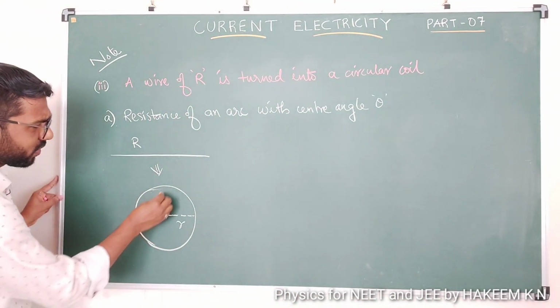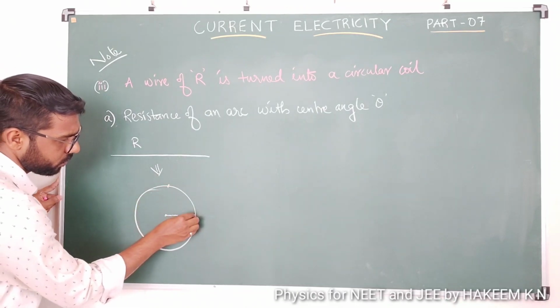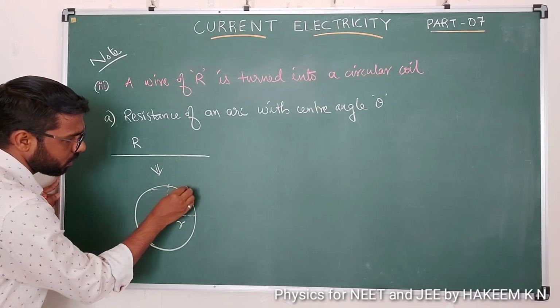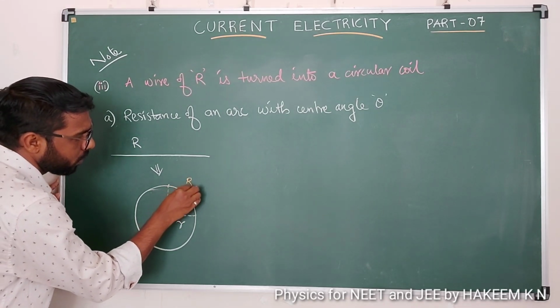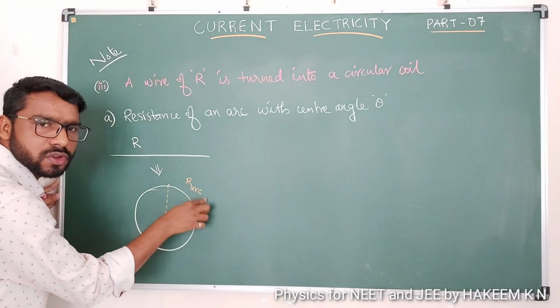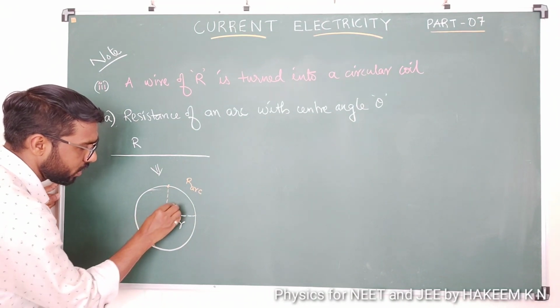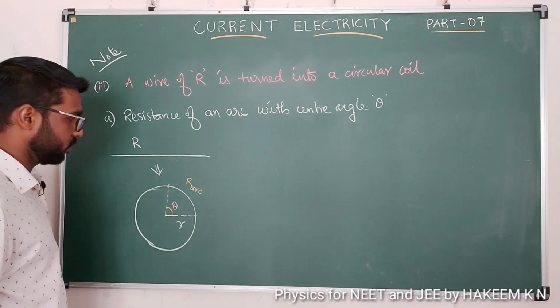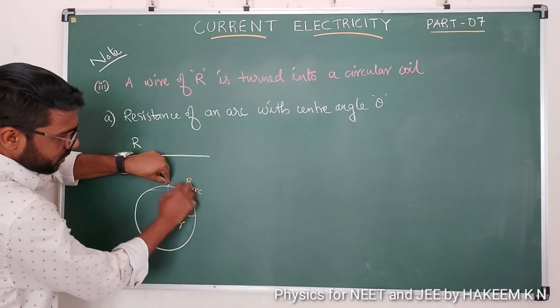So we are selecting an arc here. This is the arc, R arc, the resistance of the arc whose center angle is theta. This we have to calculate. What is the resistance of this arc only?